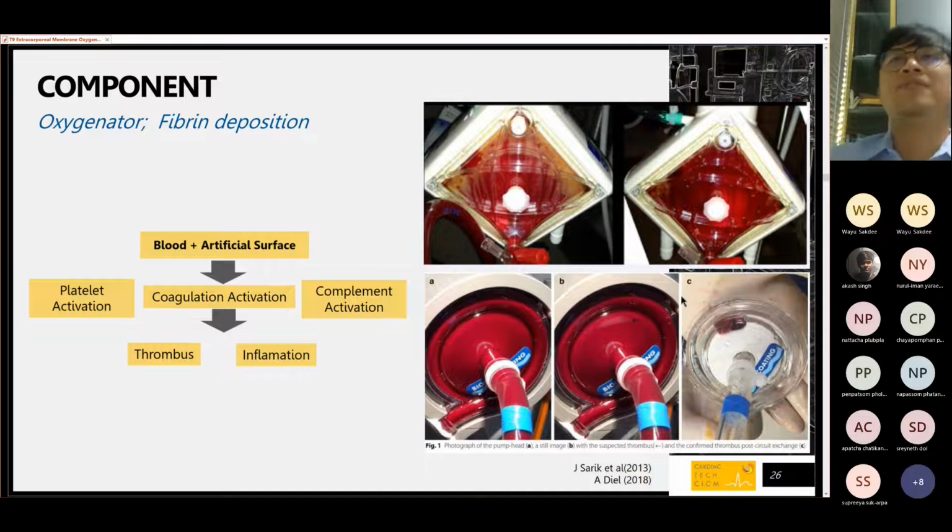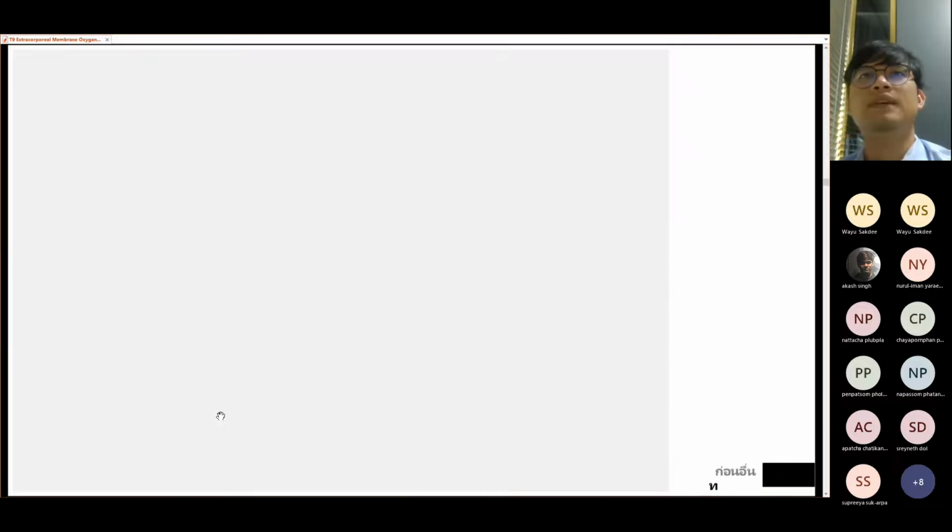So we need to control it by using appropriate heparinization. Okay.